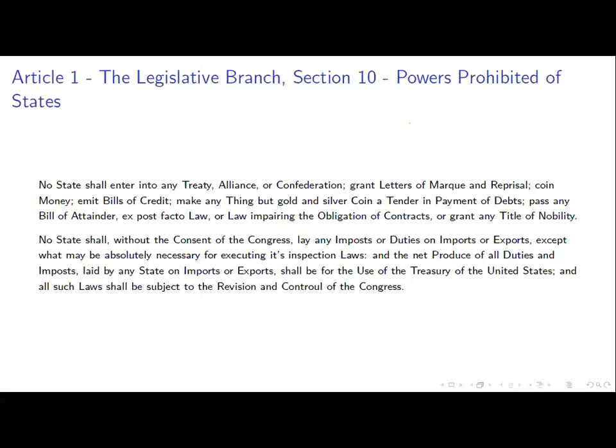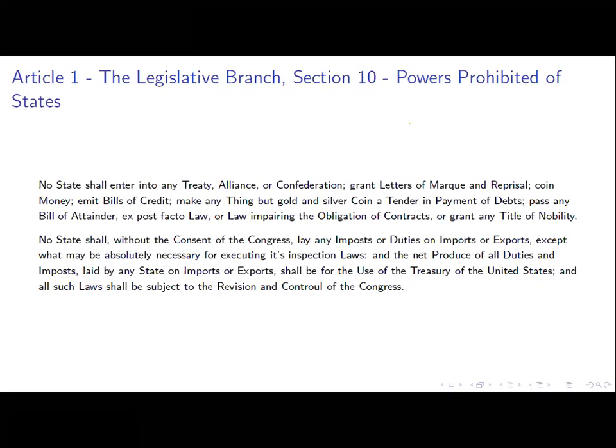But states can issue bonds, and states can issue things that look like IOUs, and often issue things that look like scrip. But then here's the thing, they say states cannot emit bills of credit. So it's explicit that states can't issue fiat money. Okay? It can't coin money and it can't do fiat money.